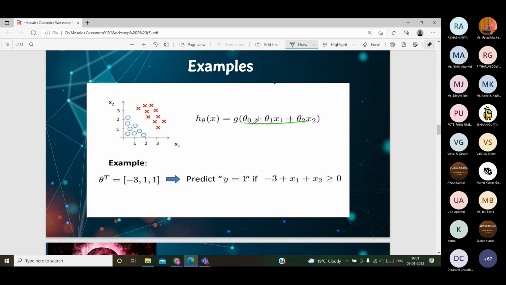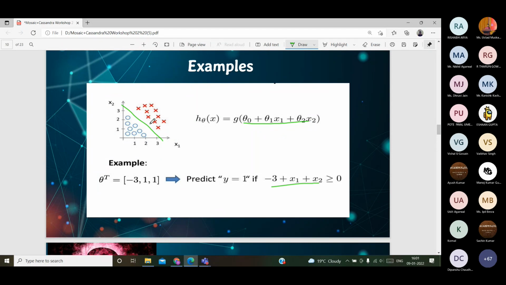We try to get parameters theta 0, theta 1 and theta 2 such that we are able to differentiate them. Let us say the values are -3, 1 and 1, that is theta naught is -3, theta 1 is 1 and theta 2 is 1. So this function becomes -3 plus x1 plus x2, which is basically a line like this.